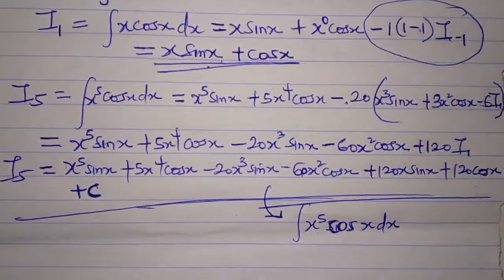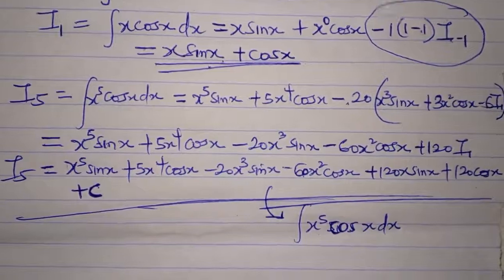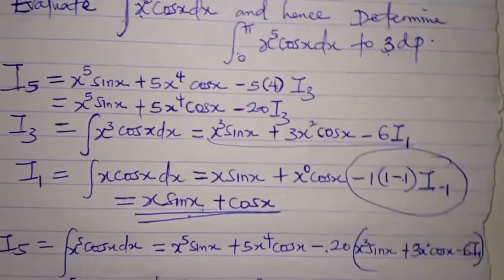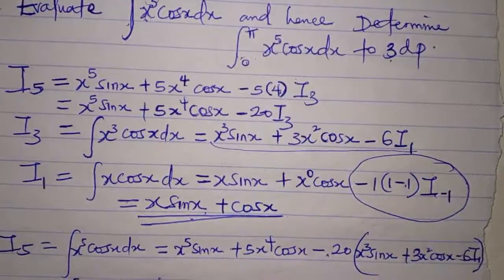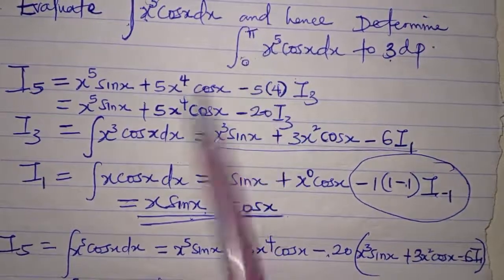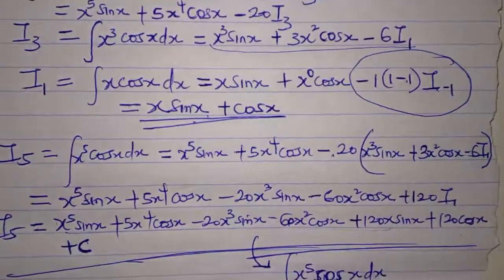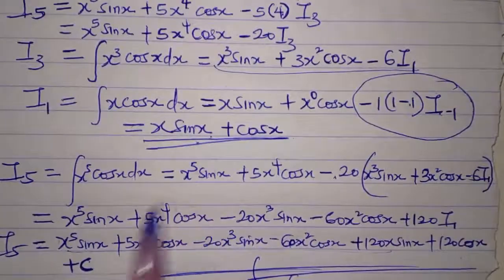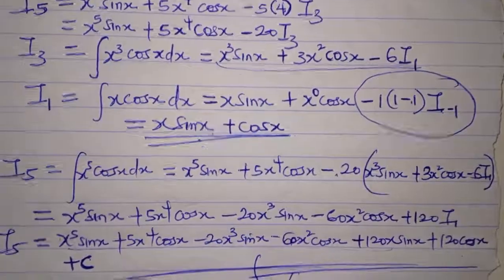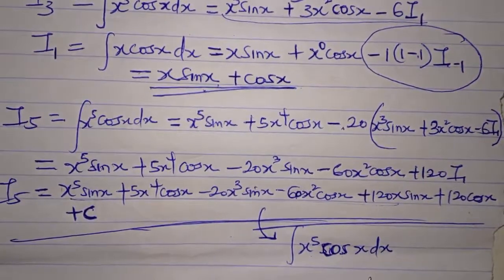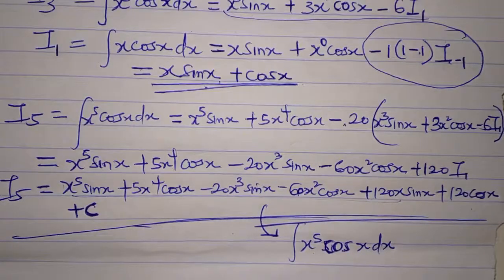This is reduction formula. We are dealing with reduction formula in this video. Normally, if I want to determine this now, I'll just plug in the upper and lower limit, subtract. Plug in the upper limit first for x, minus plug in the lower limit for x, and I'll get my answer. But for the purpose of reduction formula, I want to show you the reduction formula for that particular integral.